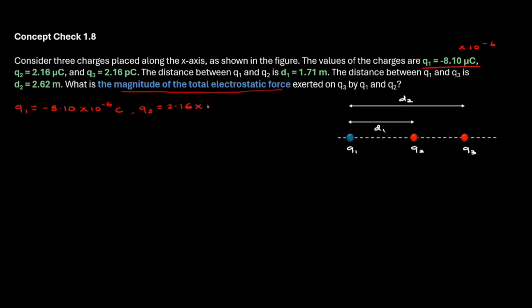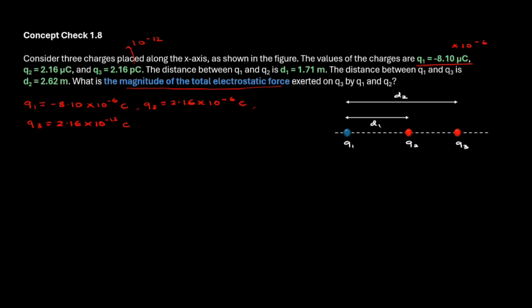So again, multiply this with 10 to the power negative 6. And Q3 is 2.16 picocoulomb. Pico has a multiplier of 10 to the power negative 12. So I will multiply this charge with 10 to the power negative 12 coulomb. We need to find the net electrostatic force on charge Q3 because of Q1 and Q2.